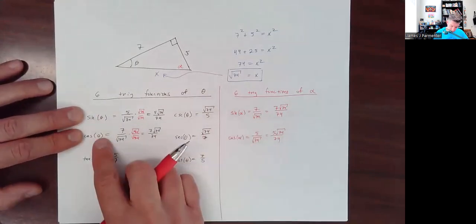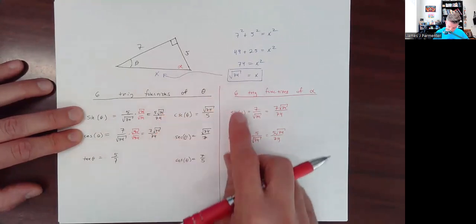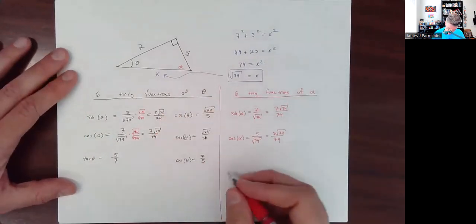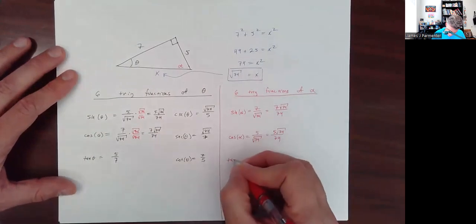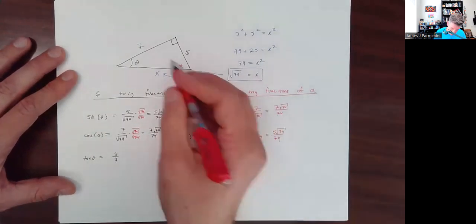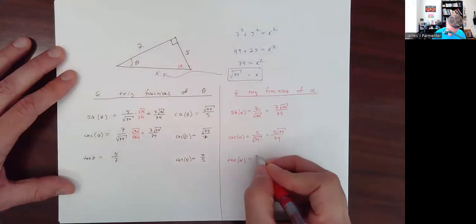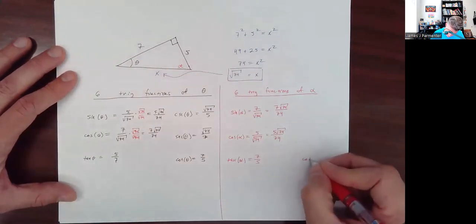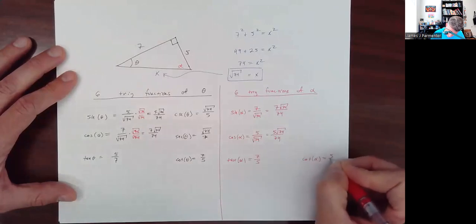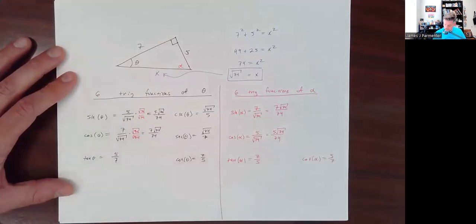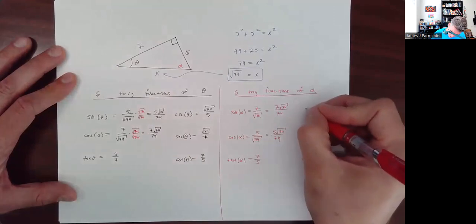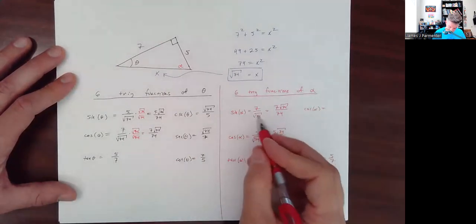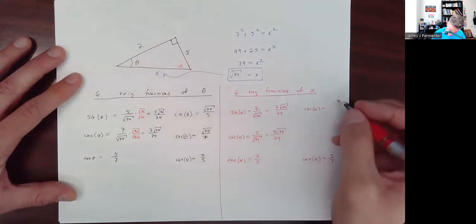So sine of theta and cosine of theta had 2 different values, and then sine of alpha and cosine of alpha had switched values. Similarly, if we look at tangent over here, tangent of alpha is opposite over adjacent, which is 7 over 5. And cotangent of alpha is, of course, going to be 5 over 7. So those also switch. And then finally, cosecant of alpha is going to be the reciprocal of sine of alpha, which will be root 74 over 7.